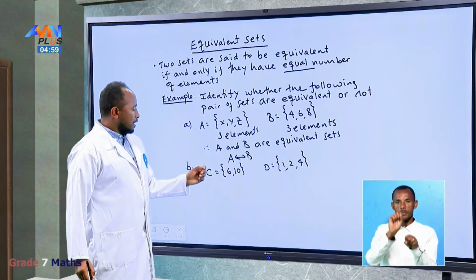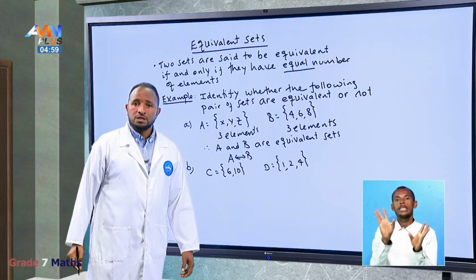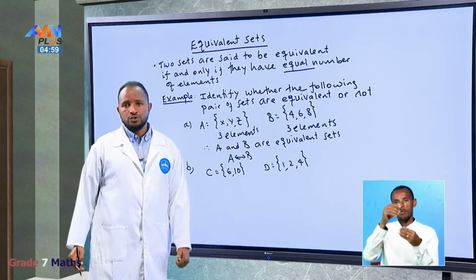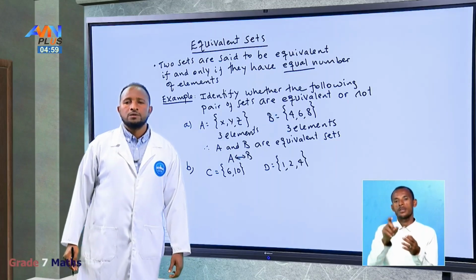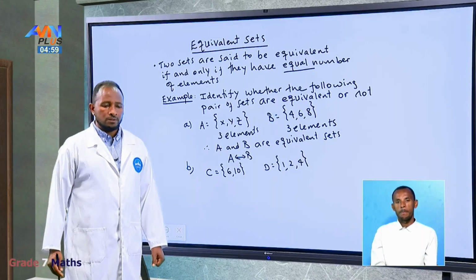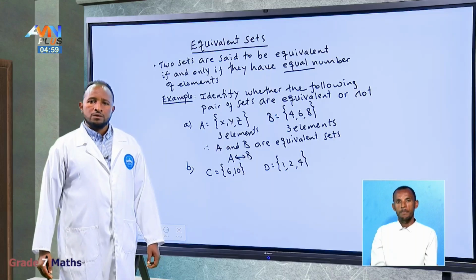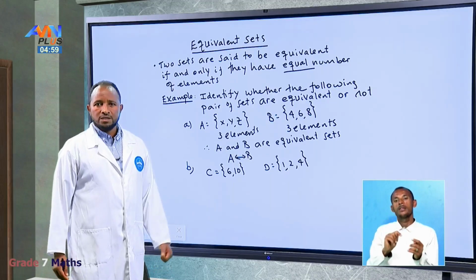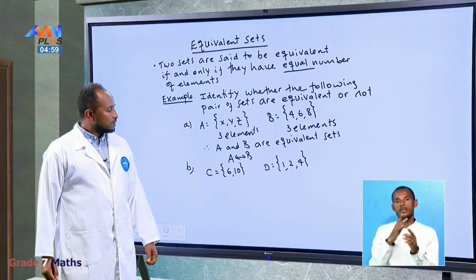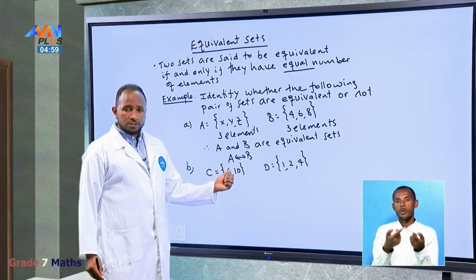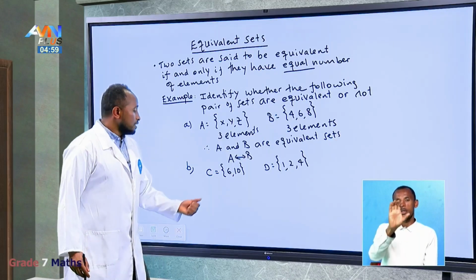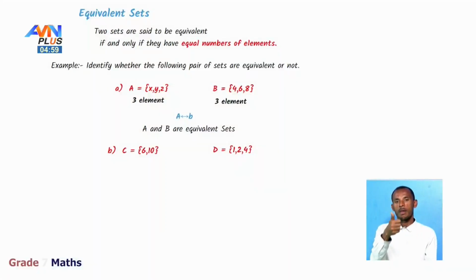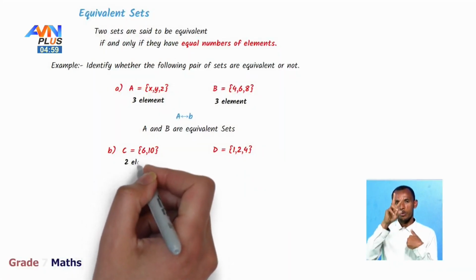So, are these two sets C and D equivalent? I'll give you 10 seconds for this question to try. Very good. Have you tried the question? Now let's see the answer together.